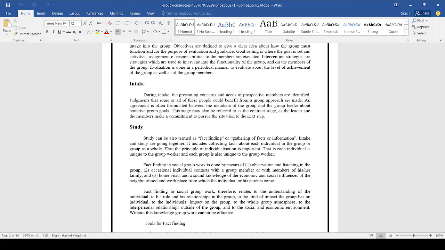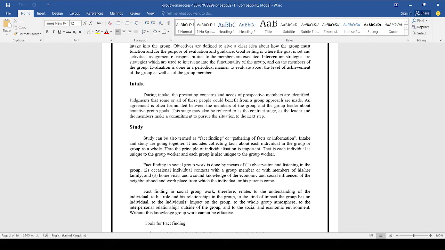Here we can use the principle of continuous individualization: each individual is unique as his or her thumbprint, each individual is unique to the group worker, and each group is also unique to the group worker. So we should study the group members in detail.